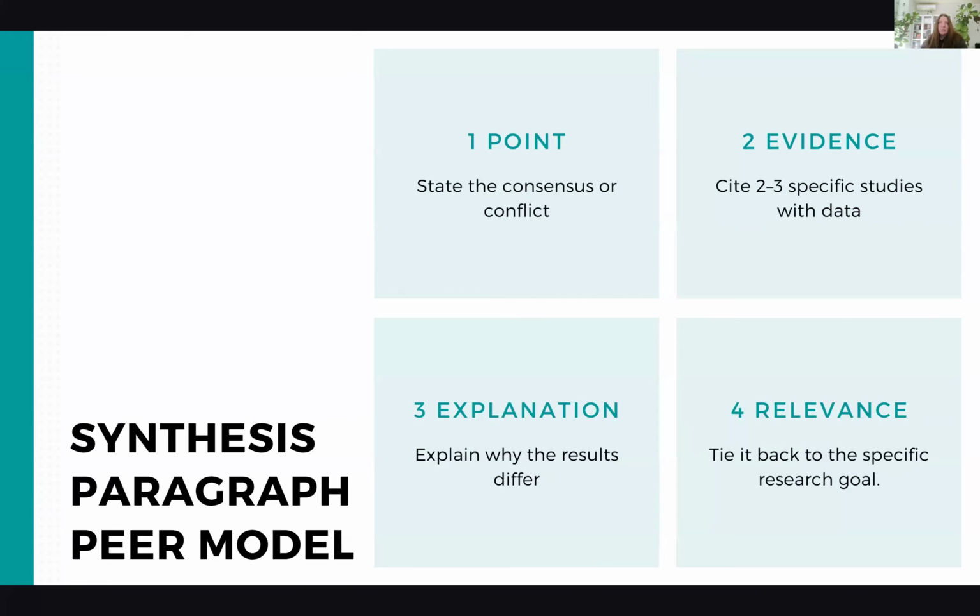So first you just generally provide your point. Next, use your sources to provide specific data from your studies. So for example, you say that the authors don't agree on something. That's your point. Your evidence would be that the first author believes X and the second one believes Y. That's your evidence.